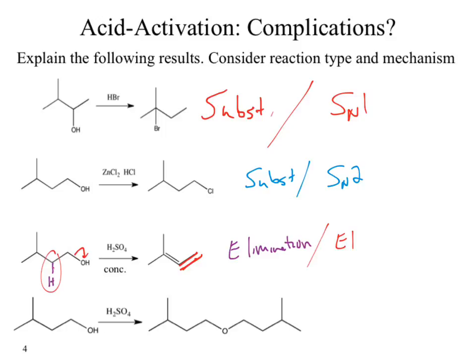And it has to happen at the exact same time as our leaving group leaves. Why? Carbocation stability. Our carbocation would be unstable if the leaving group left instantly. We'd then have a secondary carbocation.